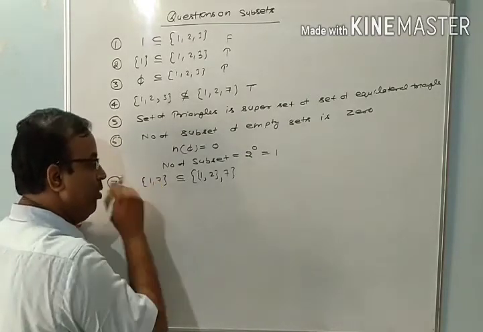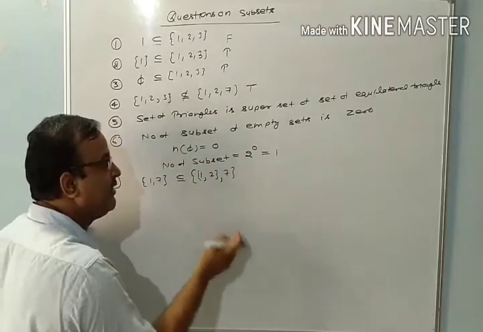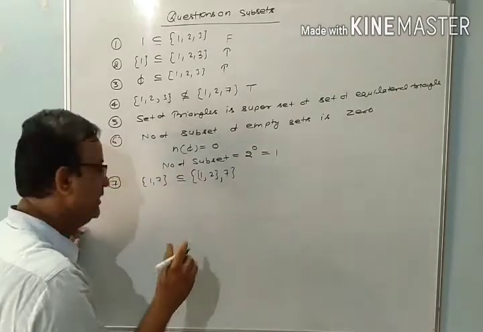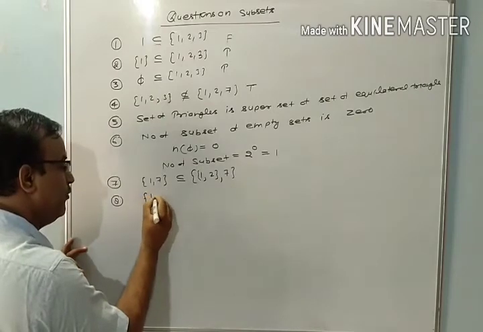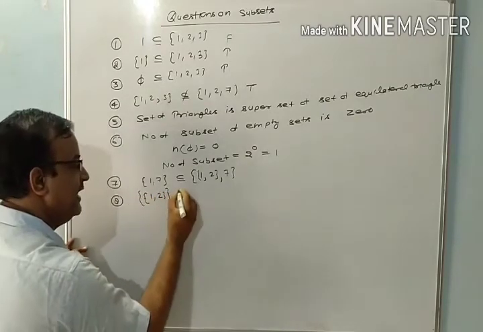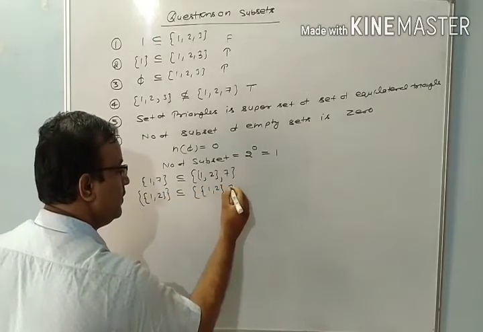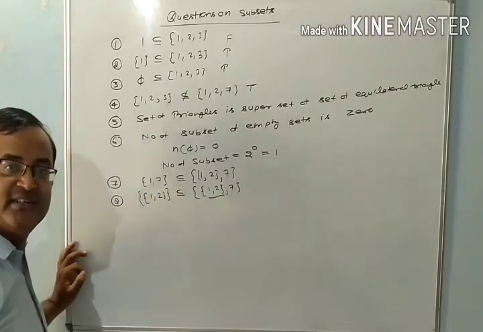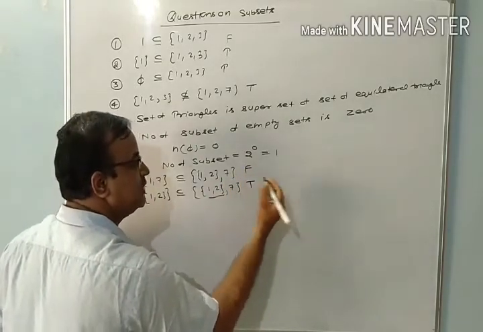When we write the subsets of this set, we can't write 1 with 7, we only write 1 with 2. Clear? Now the next question: if we write {1, 2} is a subset of this set again in curly brackets, now we can say this is true. Clear? It was false and now it is true.